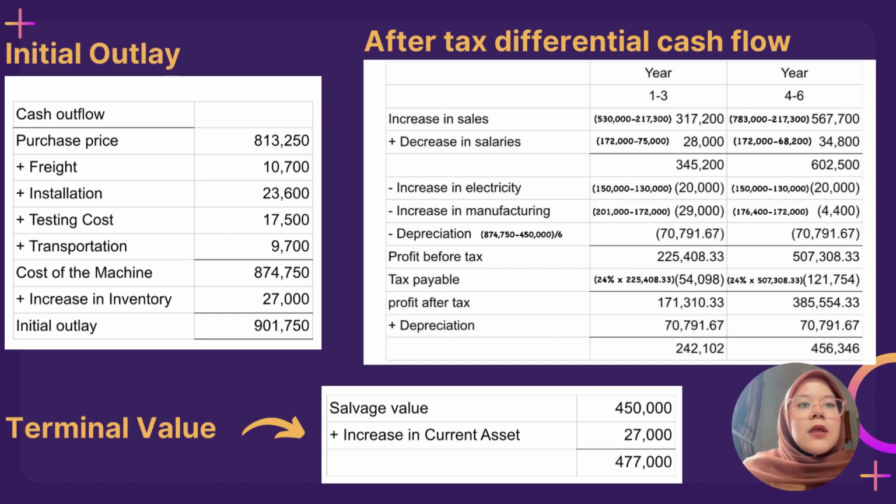So the total for year 1 until year 3 is 242,102, and for year 4 until year 6 is 456,346. Last but not least, we calculate the terminal value. The salvage value is 450,000, plus we increase in current asset, which is 27,000, and we got the total of the terminal value is 477,000.